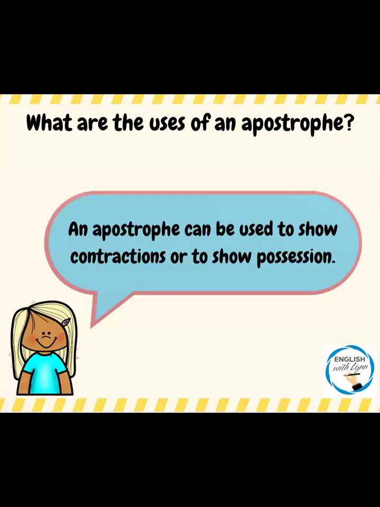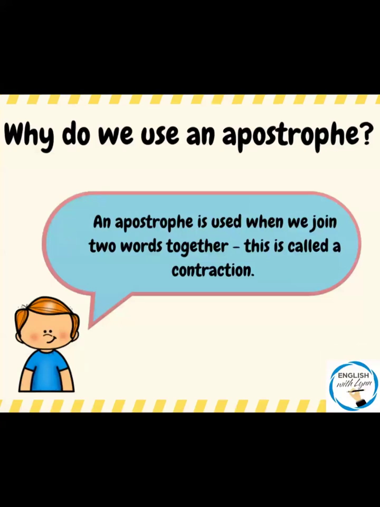So the first use is we use an apostrophe when we join two words together. And this is what we refer to as a contraction. So the contraction is when two words are joined together.